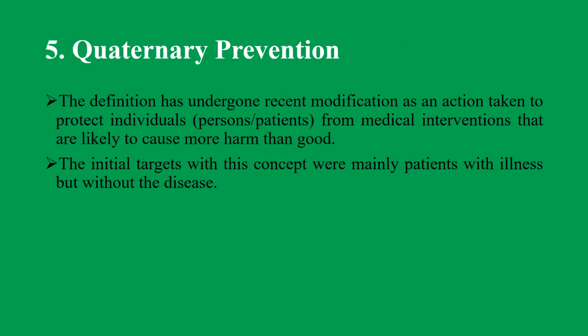The final disease prevention strategy is quaternary prevention, and this is defined as an action taken to protect individuals or patients from medical interventions that are likely to cause more harm than good. Remember, the aim of treatment is to always do good to patients, by not doing any harm to them.